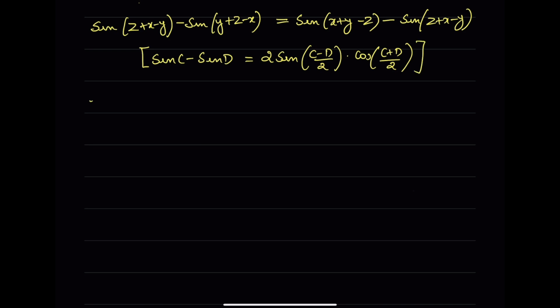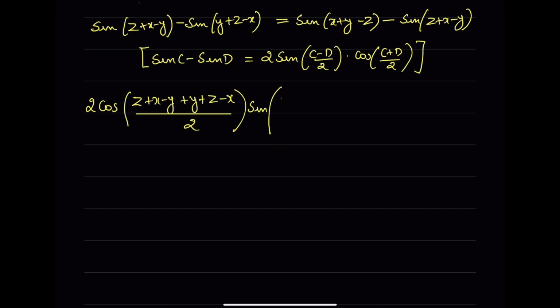So the left hand side will be 2 cos of (C plus D) by 2. So that will be cos of (z plus x minus y plus y plus z minus x), this divided by 2, times sin of (C minus D) by 2, that will be (z plus x minus y minus y minus z plus x), this divided by 2.